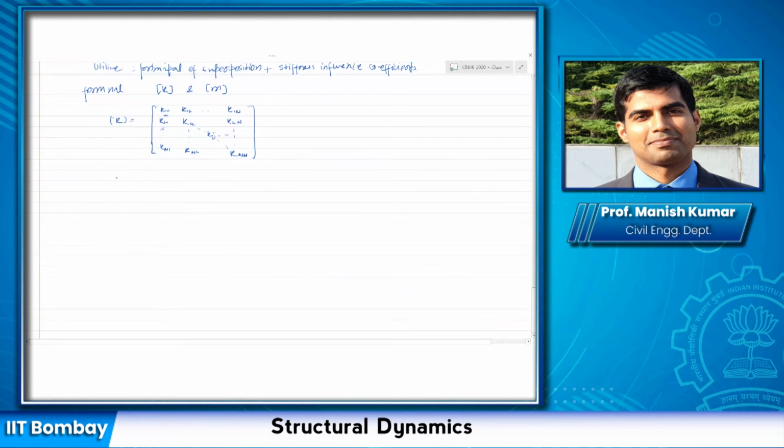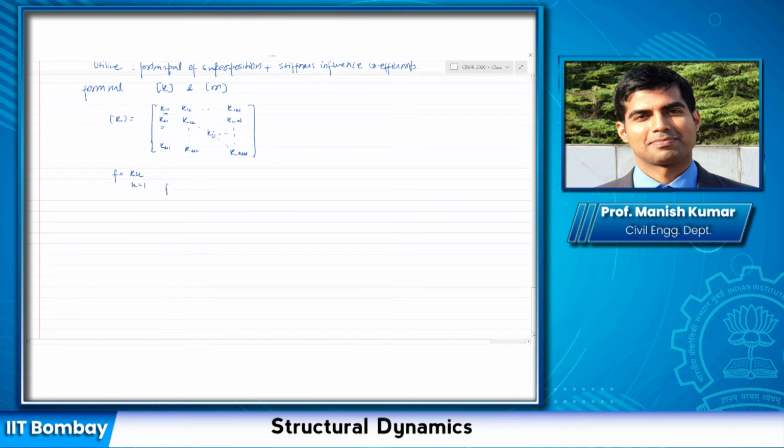I know that force is stiffness times displacement. You might have studied this in your structural mechanics or any other course, but I'm just repeating it here for the sake of information. If I consider unit displacement u equal to 1, then the force becomes the stiffness.